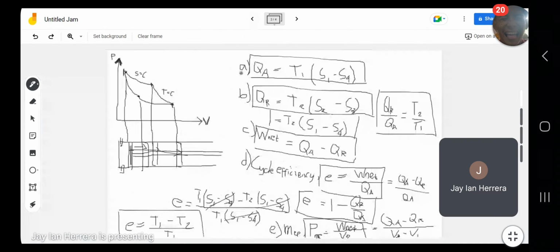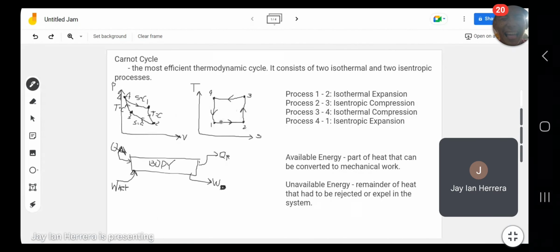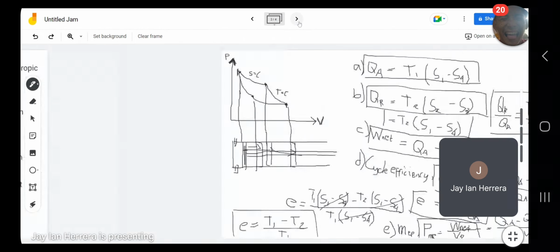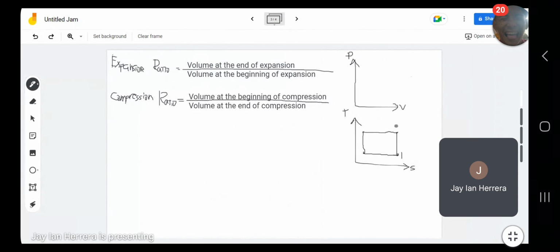Yung paano ba yung 1, 2, 3, 4. So, kunwari pag ganito yung ating cycle.